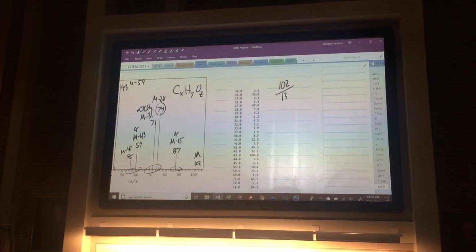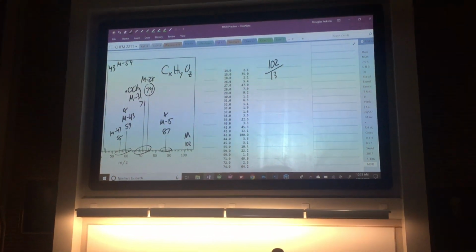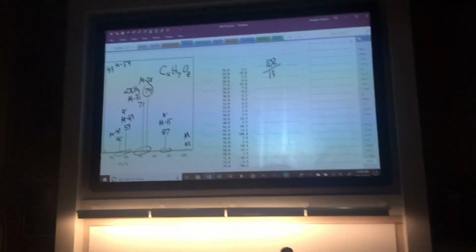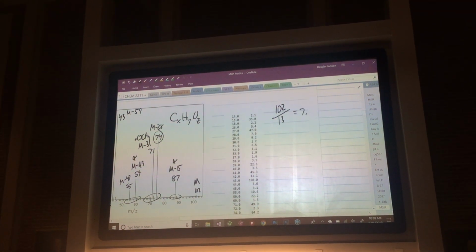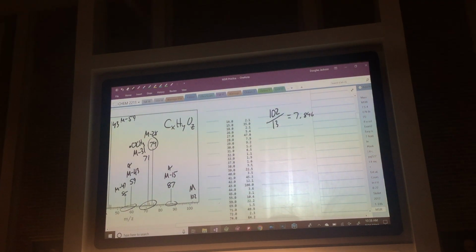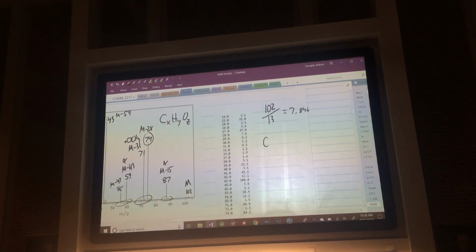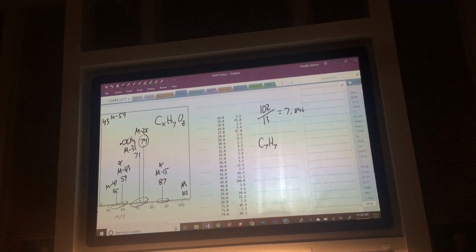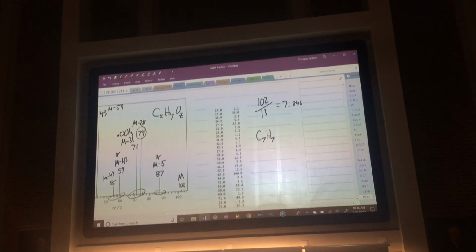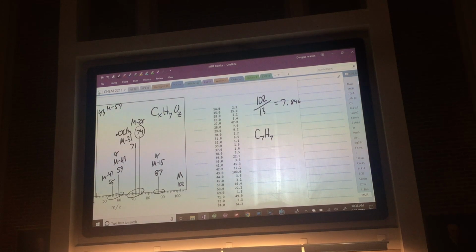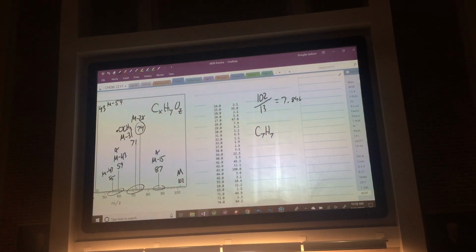They both work. 102 divided by 13 is 7 and some remainder, 7.846. Okay, well, let's see. C7H7. 13 times 7 is 91.